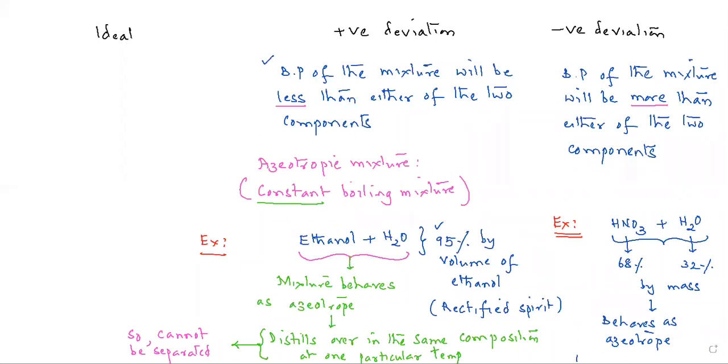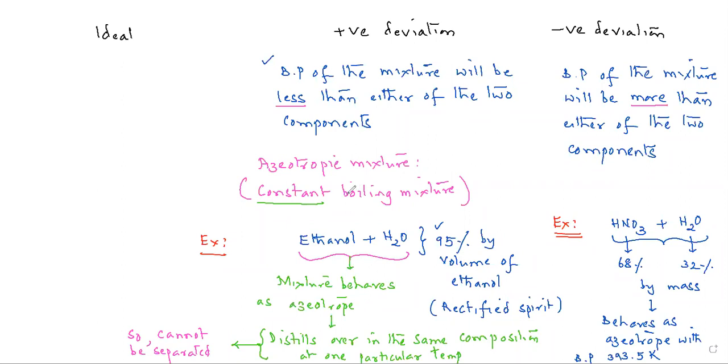And the boiling point of this azeotrope, of course, is 393.5 kelvins. The mixture having two different liquids distills over at one particular temperature.